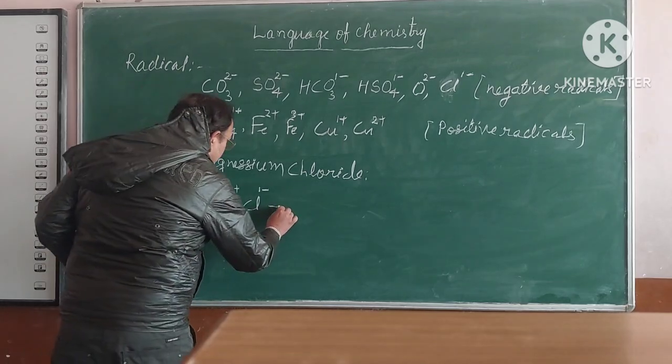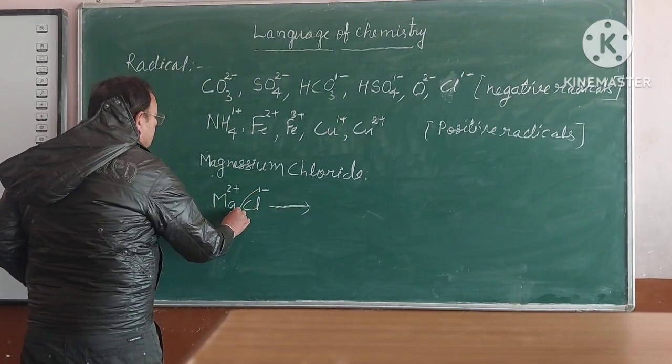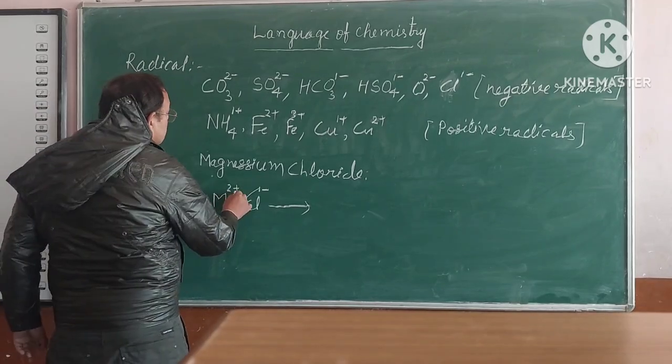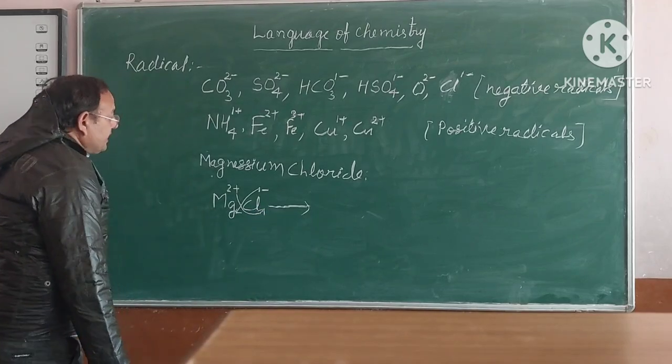Now we will cross multiply these. This 1 will come to the downside of magnesium, and this 2 will come to the downside of the chloride radical.